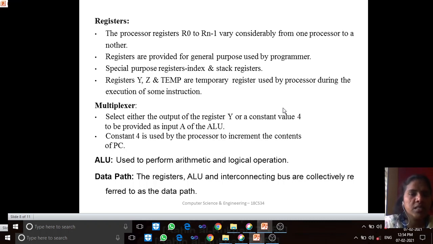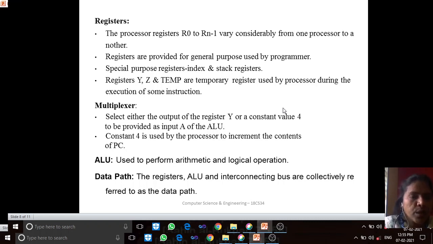Special purpose registers are the ones I just told you about: MAR, MDR, PC, stack registers and so on. Along with that you have temporary registers like Y, Z, and Temp, which store the intermediate results generated by the instruction, and they are temporary. You cannot use them in programming.